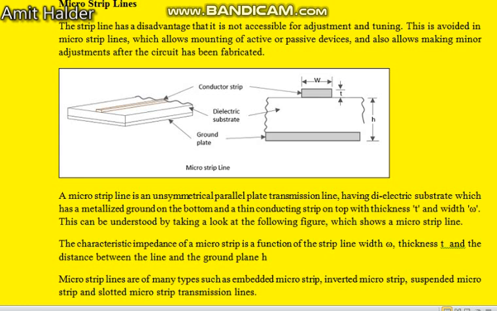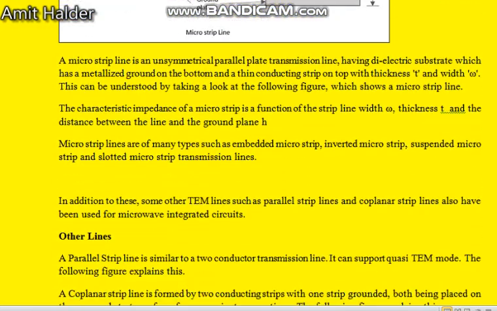That is known as the micro strip line. It is the same thing: there is a dielectric slab or substrate here, and there is a ground plate right there. There is a conductor strip, same, but that is micro strip. That means it is designed for micron level incorporation on the dielectric slab.